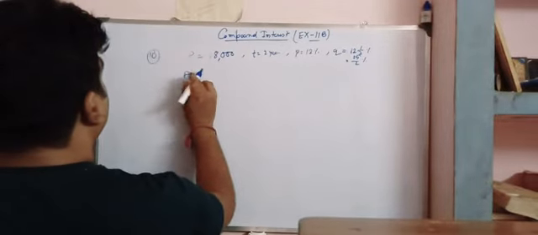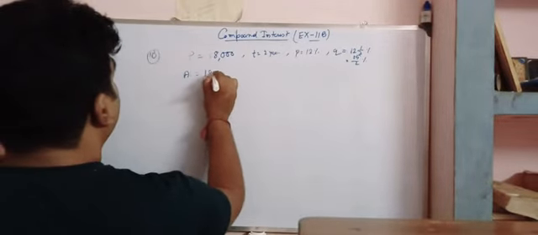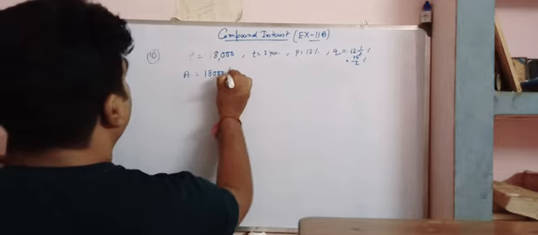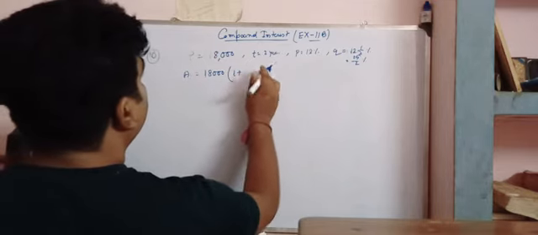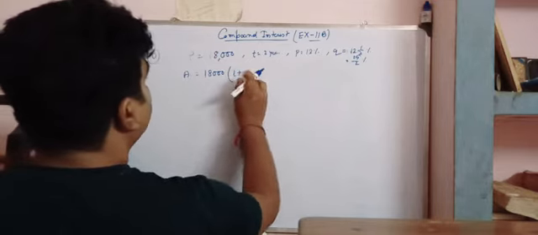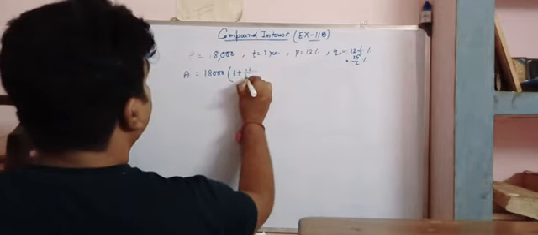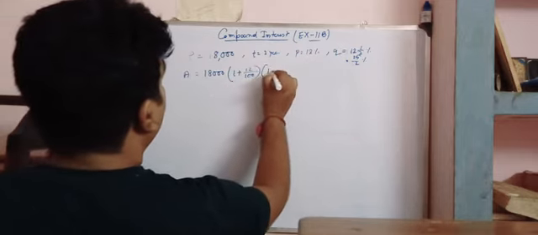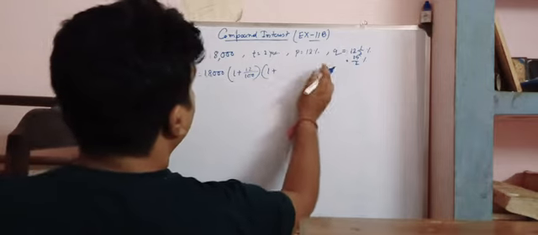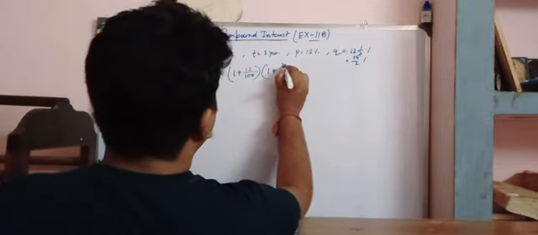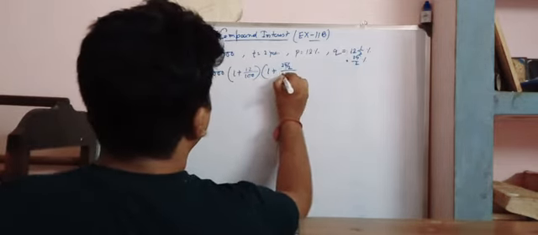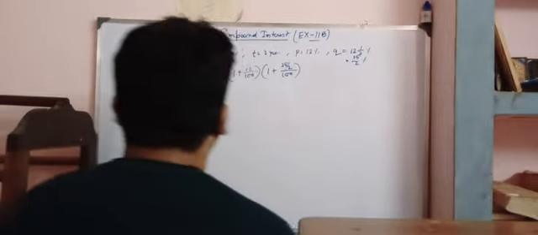So this is my small q. So what was my formula of amount? Amount should be 18,000 into 1 plus p by 100. Here p is equal to 12 by 100, and 1 plus q by 100, q means 25 by 2. So this calculation should give me my answer.